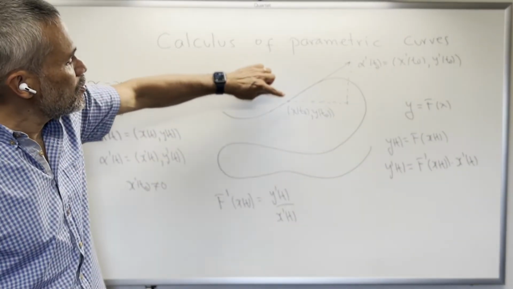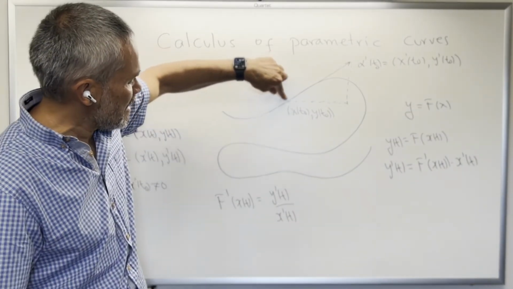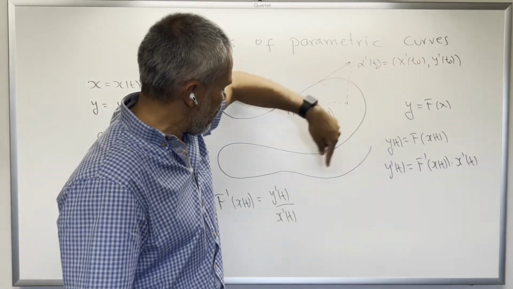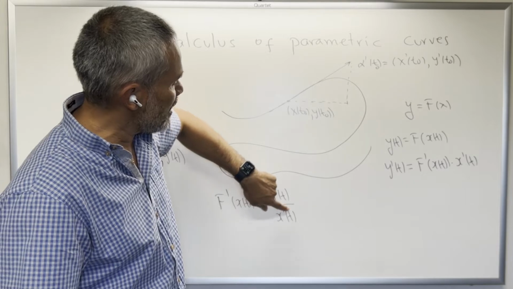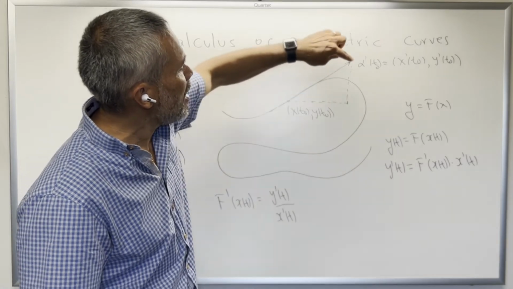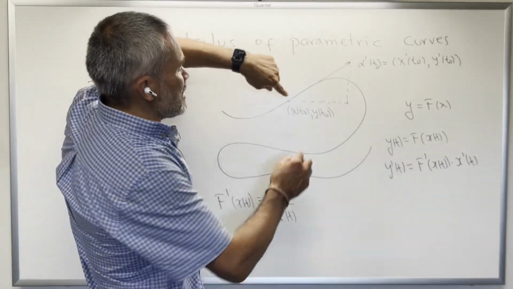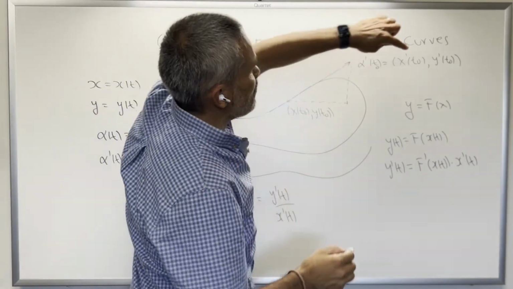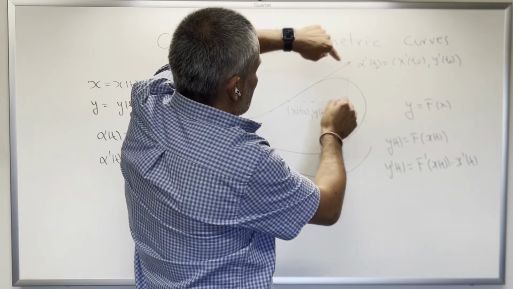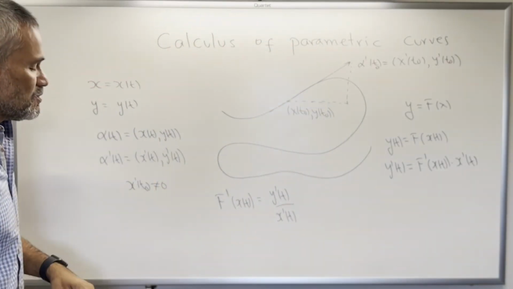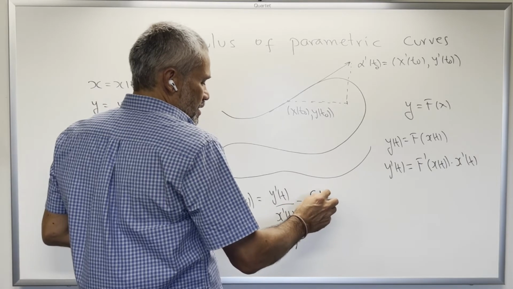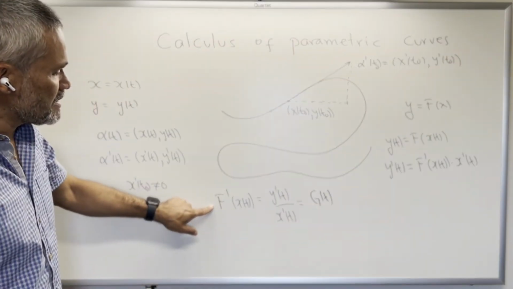Then to compute the slope of the tangent line, we just need to compute y prime of t sub 0 and x prime of t sub 0. And it makes sense because the slope of the tangent line is this over this, which is y prime of t sub 0 over x prime of t sub 0. If we call this function g of t, then we can compute the second derivative.